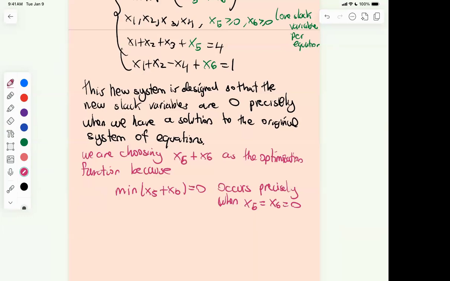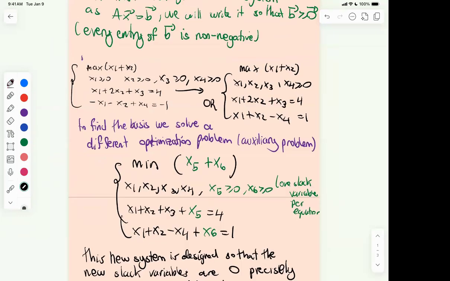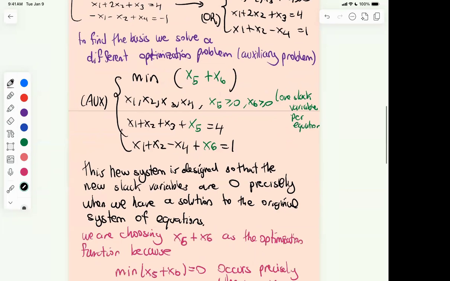Let's call this OR for original, and this one I'll call aux for auxiliary.